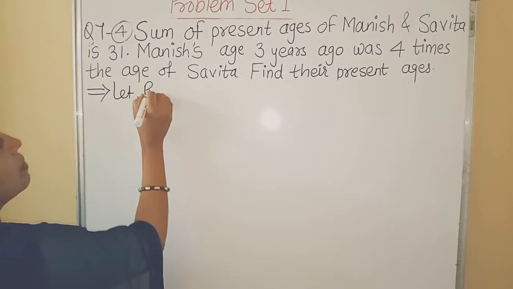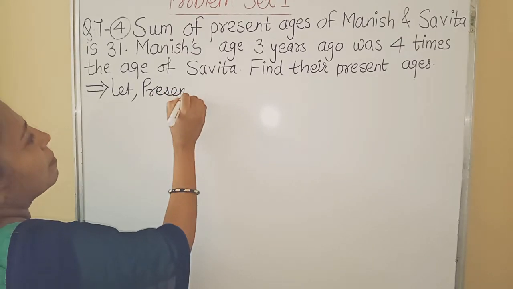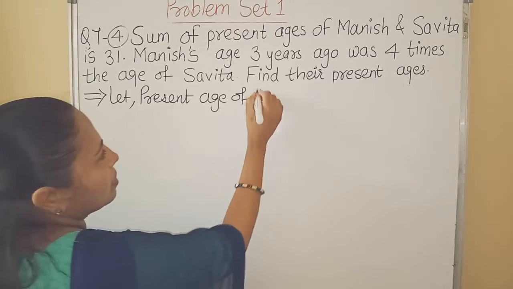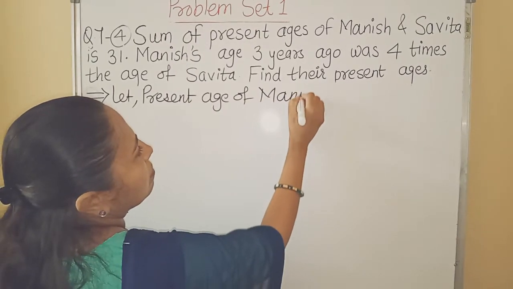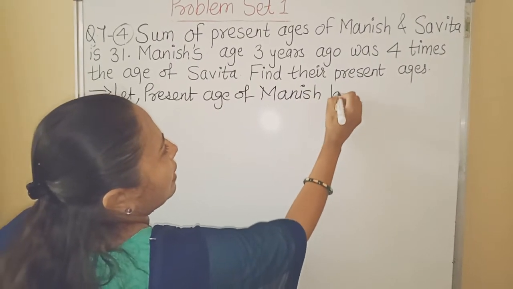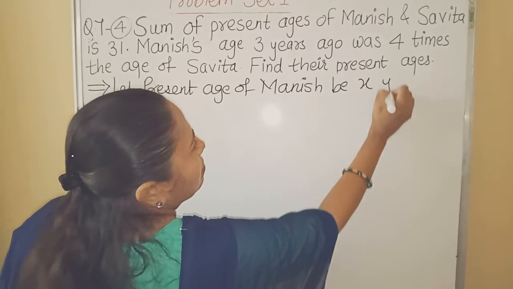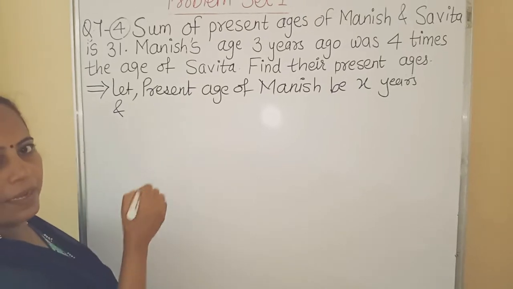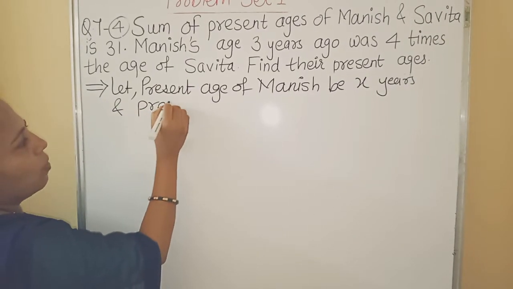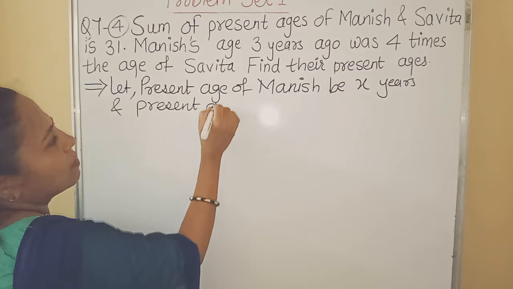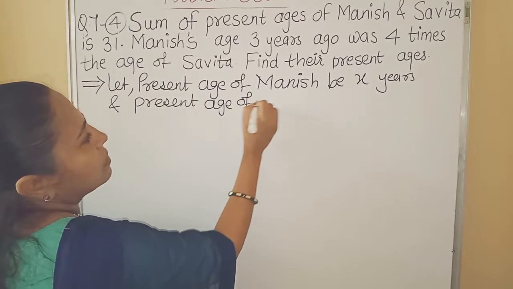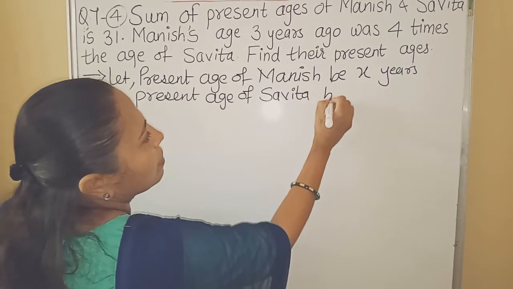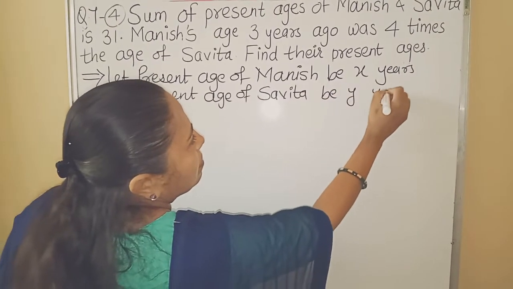Let present age of Manish be X years and present age of Savita be Y years.